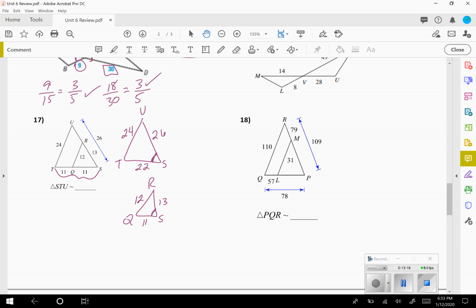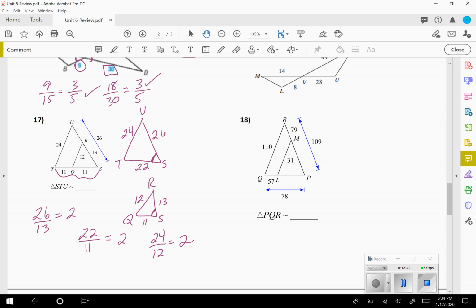You have to look very carefully at the names. So, 26 to 13, that's equal to 2. Okay? 22 to 11, that's also equal to 2. 24 to 12, also equal to 2.